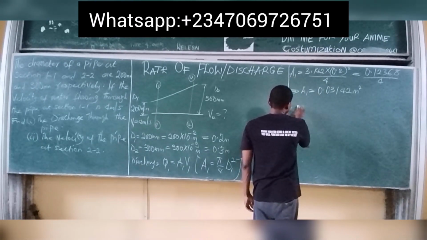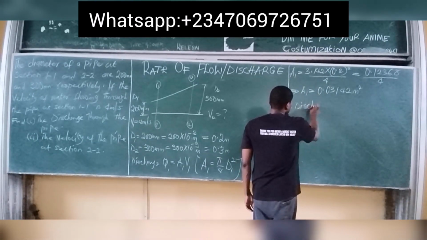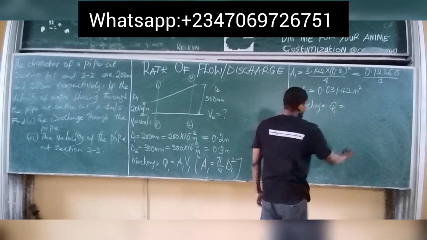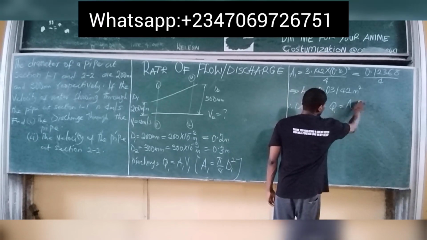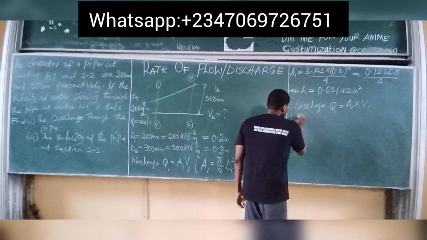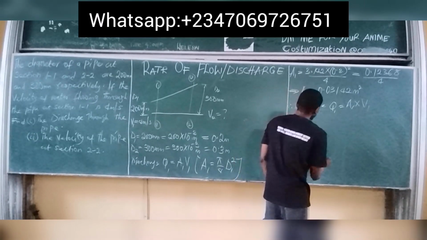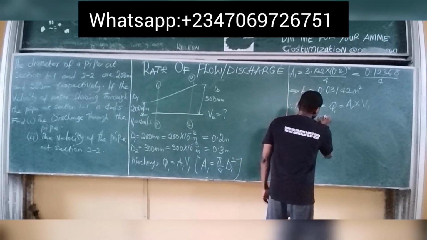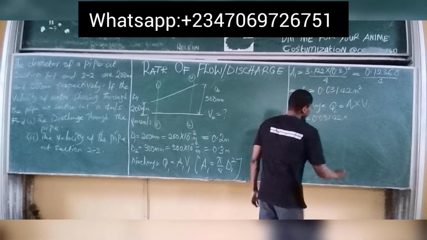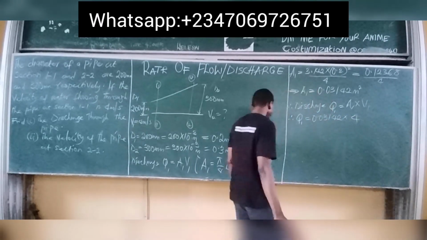So having found the area at section 1, we can now find the discharge at that section. Therefore, discharge, which is Q1, is equal to area at section 1 multiplied by velocity at section 1. We have area to be 0.03142, multiplied by velocity at section 1, V1, which was given as 4 meters per second.